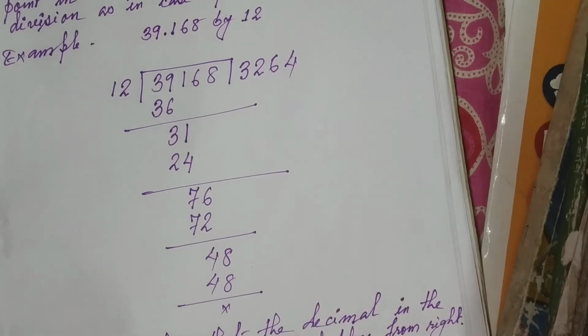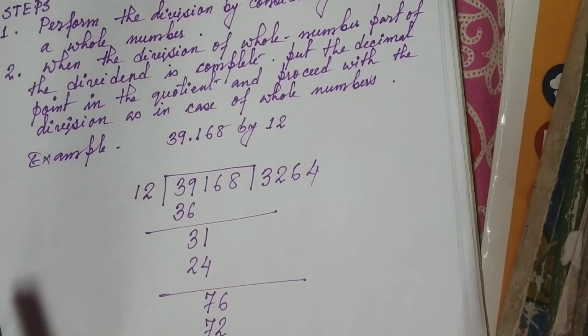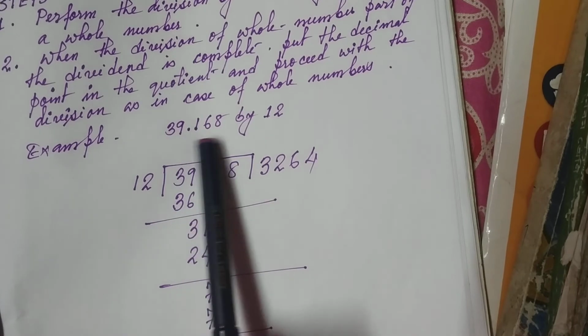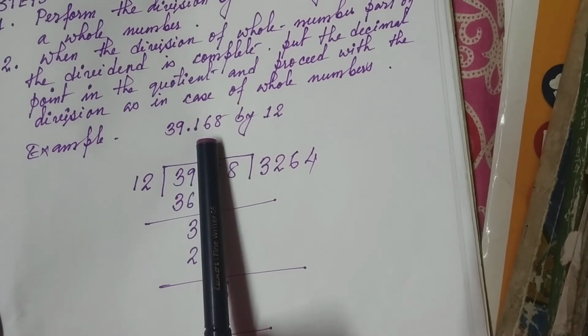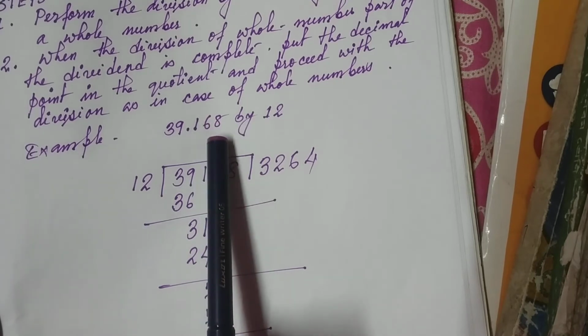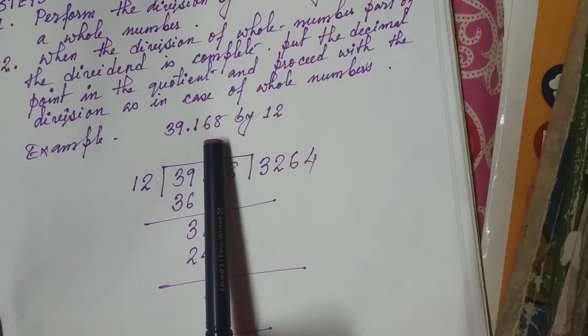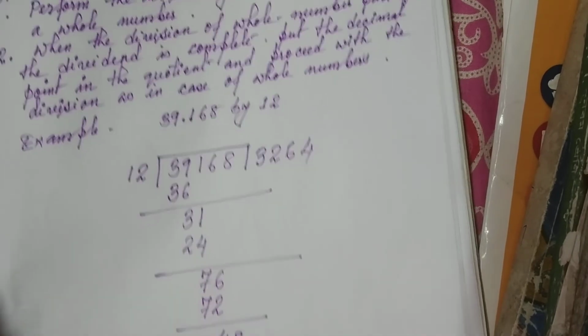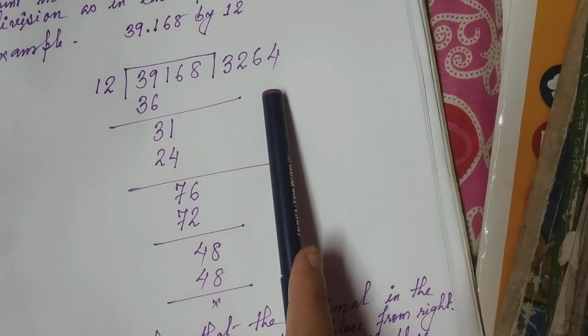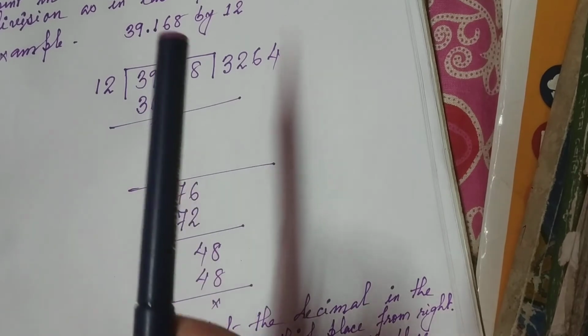Now, we have to notice the decimal. See here, the decimal was at the third position from the right hand side. So, this division of a decimal will give our answer with a decimal. So, we have to put a decimal in the quotient in the same place as in the dividend.